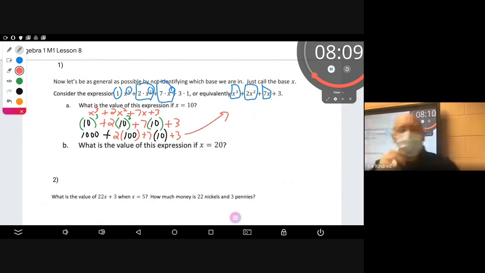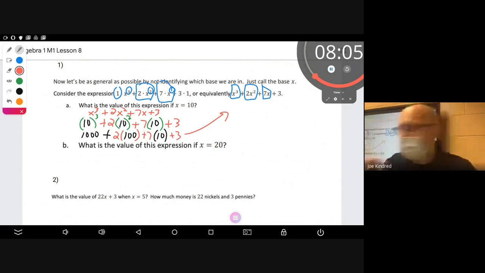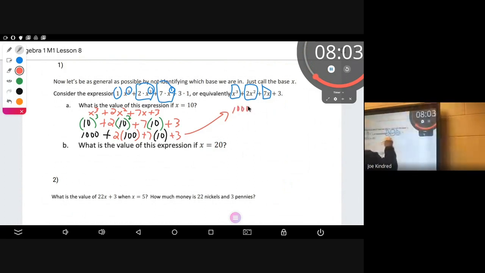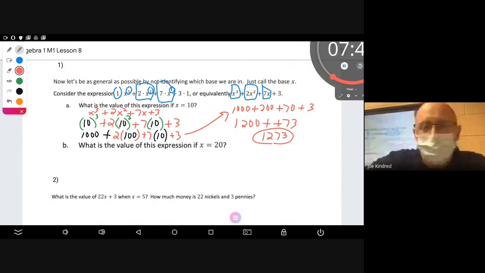And we just keep going down the order of operations and multiplying until we get down to addition. So our final answer is 1,273.